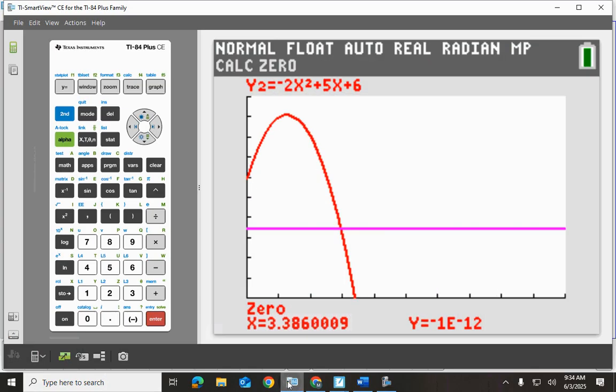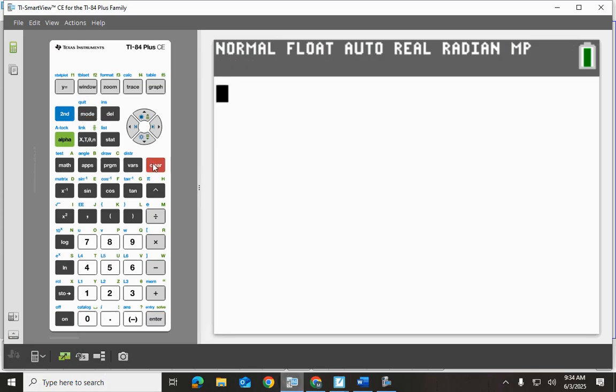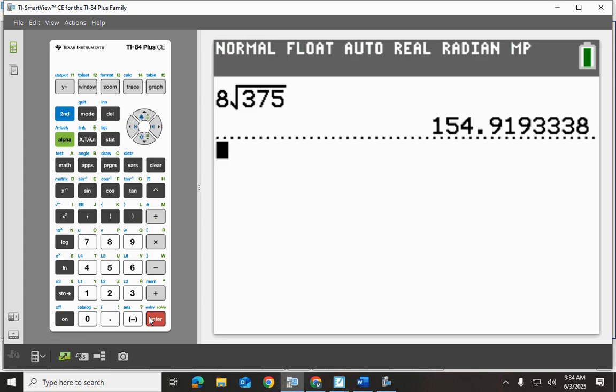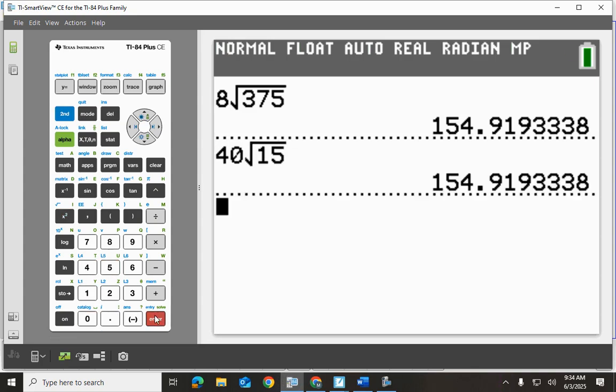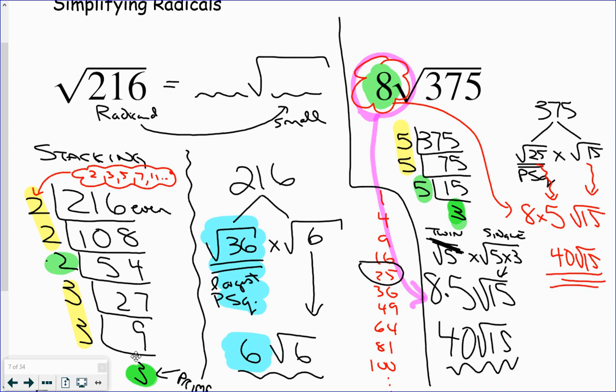So 8 square root 375 and 40 square root 15: same decimal. If you don't do it right, you won't get matching decimals. Okay, and it's pointless handing in something wrong. So you can check every single one of these using your calculator. I don't want to see the decimal anywhere on your page, but you are doing it as a means of checking.